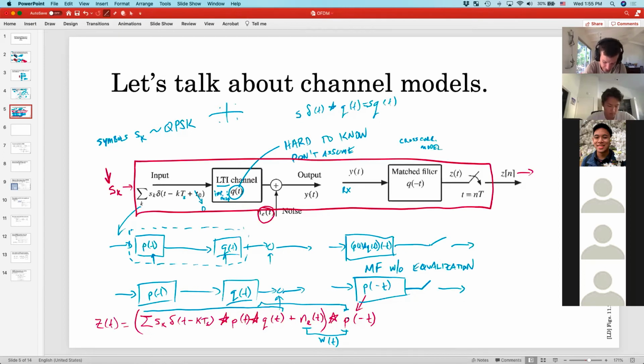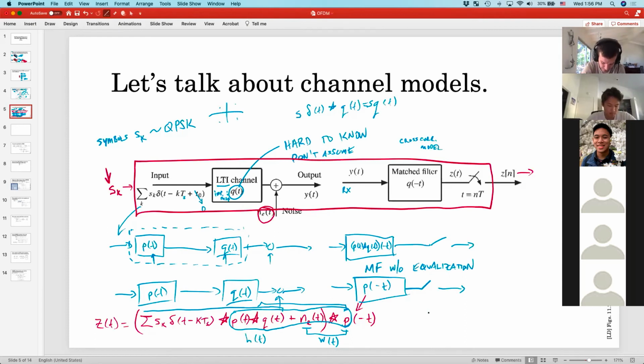And then I'm going to take the matched filter and use the associativity property of convolution and say this P star Q star P reversed. I'm going to call that H of t.